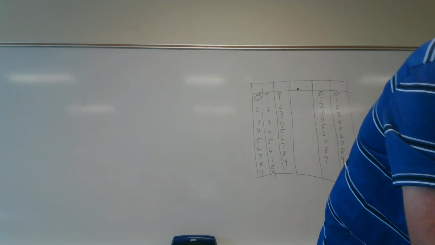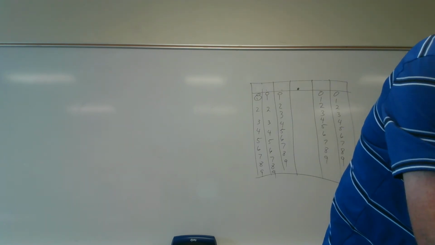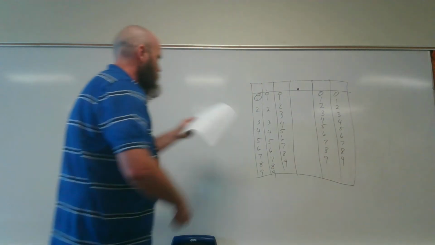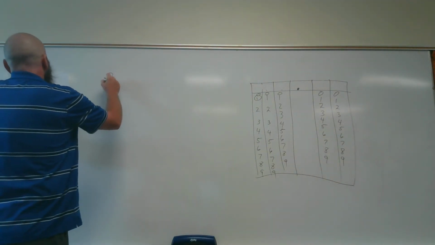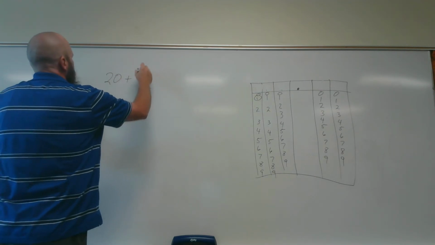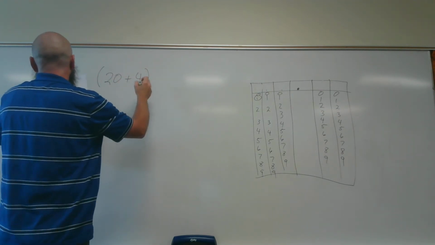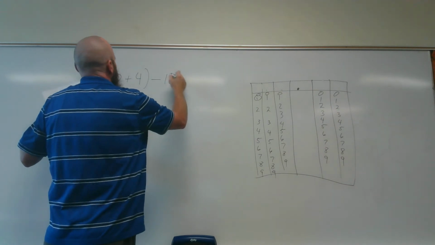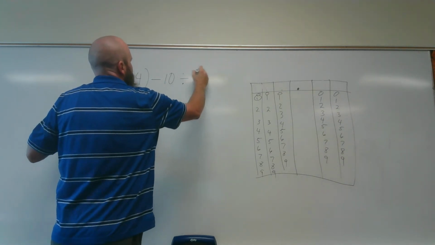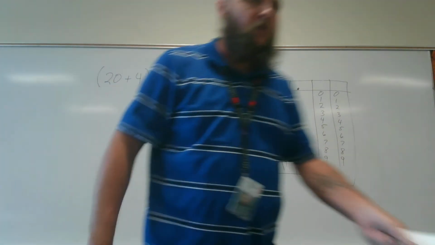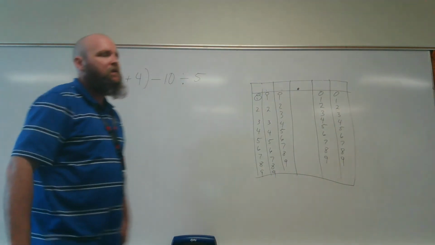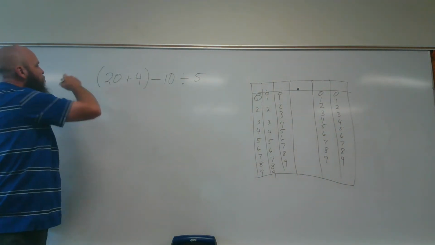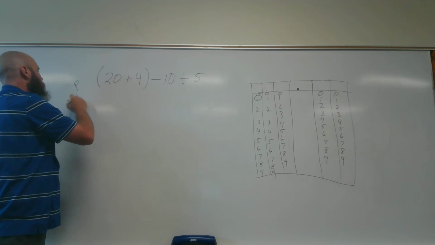All right, so we've done that one. Let's do, oh, this is a good one. Let's do 20 plus 4, and that is in parentheses, minus 10 divided by 5. And this is another one of those griddable ones you got to pay attention to. We do parentheses first.